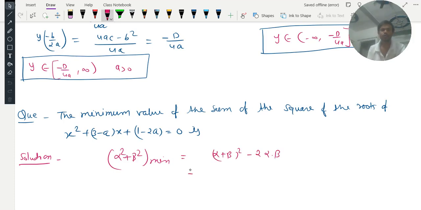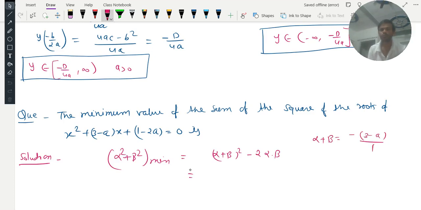The value of alpha plus beta is equal to minus b upon a, so alpha plus beta is equal to minus times of 3 minus a upon 1.